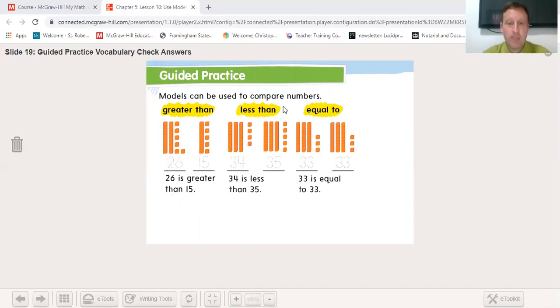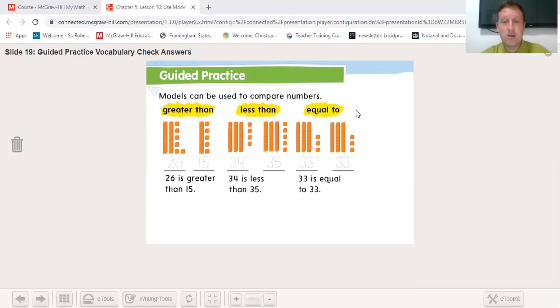And in the next one, the less than example, our first set of blocks, we have 3 tens, which is 30, and 4 ones. So that makes 34. And in the next set of blocks, we have 3 tens and 5 ones, which would make 35. So we know that 34 is less than 35. 34 is the smallest number.